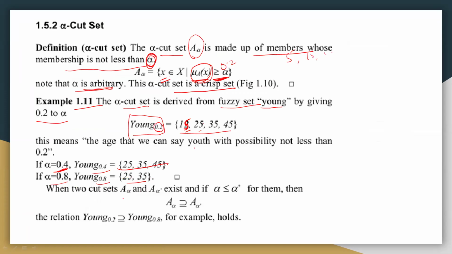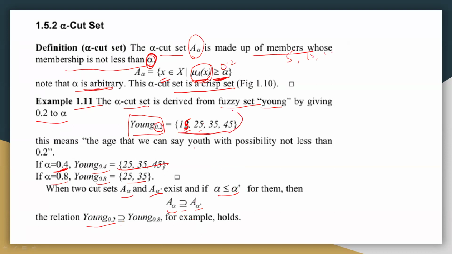So when two cut sets A alpha and A alpha dash exist, if alpha is less than or equal to alpha dash, then we can say that A alpha will be a superset of A alpha dash. So you can say that young of 0.2 has more elements.